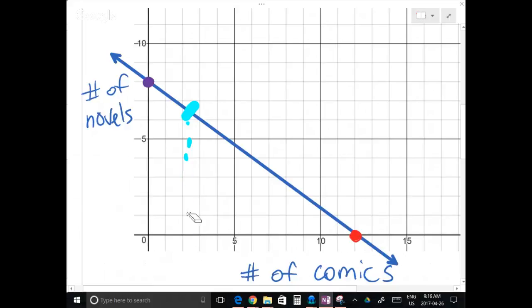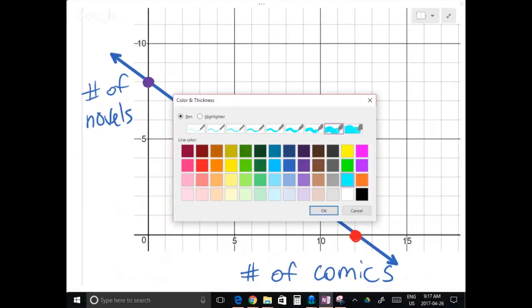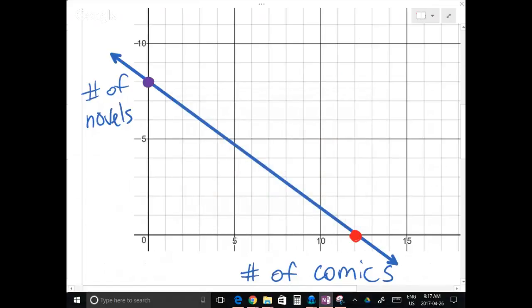No. Does that make sense? So I want you to look at this line, and I want you to approach it with some common sense. If we draw a very careful straight line between these, what are the combinations that actually work?